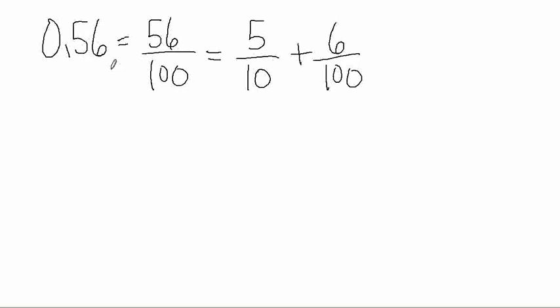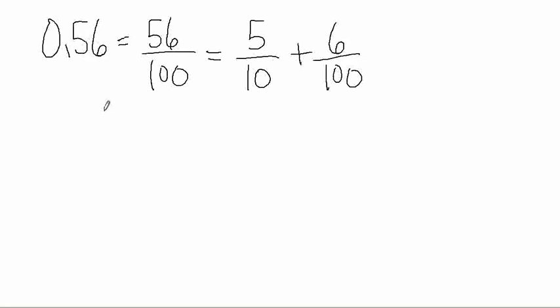It's for this reason that we refer to the first number to the right of the decimal point as the 10th number, because when you express it as a sum of fractions involving denominators that are powers of 10, the 5 will go above a 10. So the 5 over 10 is referred to as 5/10. And the 6 in the original decimal is referred to as the 100th number, because in the equivalent sum of fractions, the 6 is over 100, and 6 over 100 is referred to as 6/100ths.